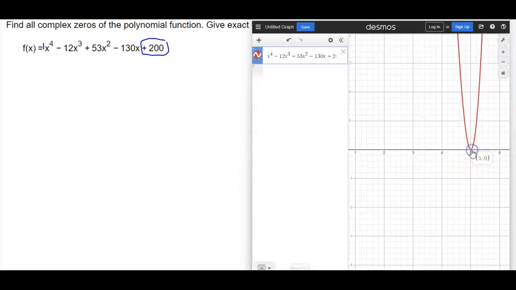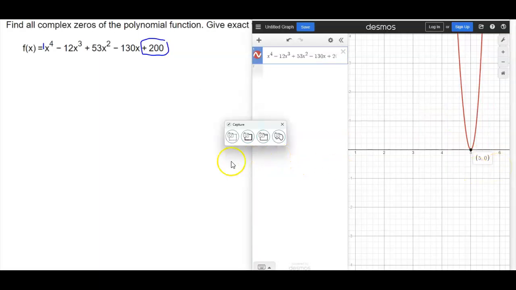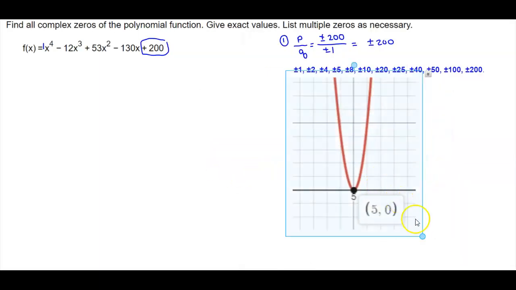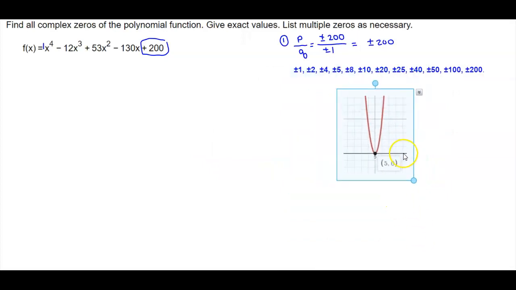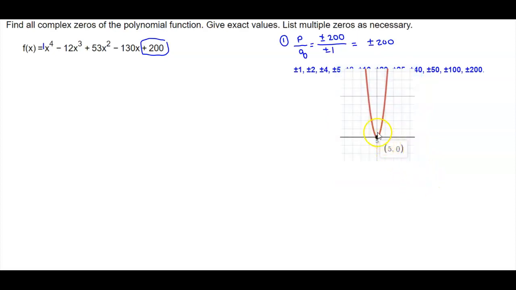Okay, so what's happening here? Well, you can see that this is a form of a parabola, and it crosses the x-axis. This could be a multiplicity because it's coming down here, hitting the 5, and then going back up.